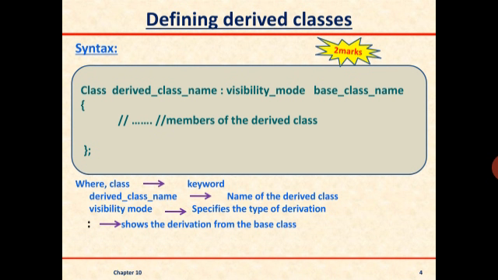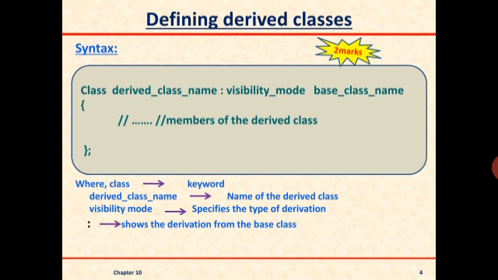Now here class means it is a keyword, derived class name means it is the name of the derived class. Visibility mode means what? The visibility mode specifies whether features of the base class are privately derived, publicly derived or protected derived. We know that three access specifiers are there: public, private and protected.